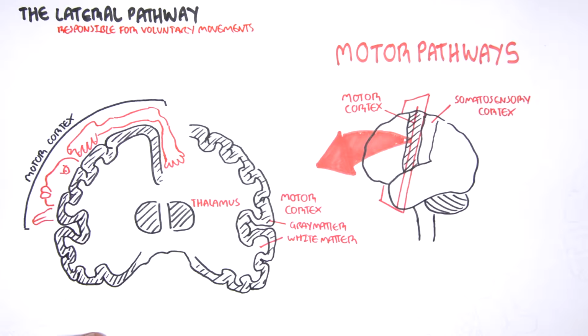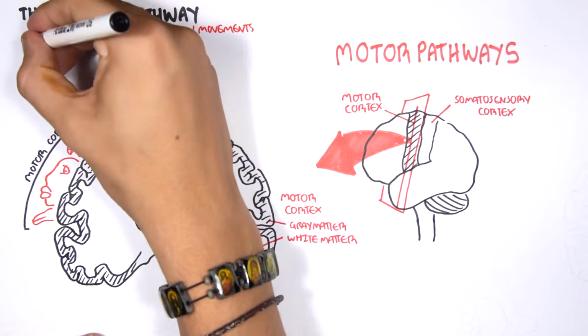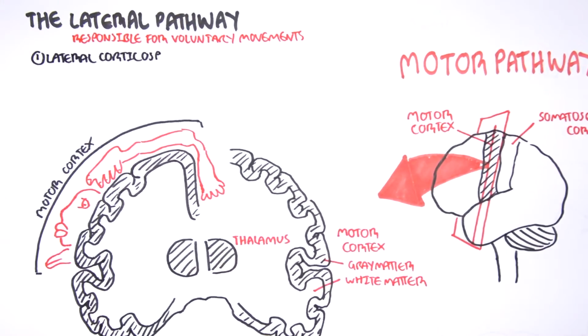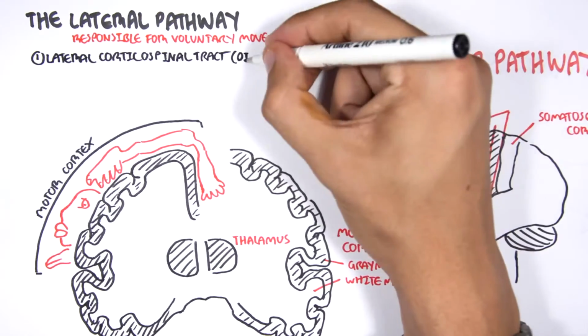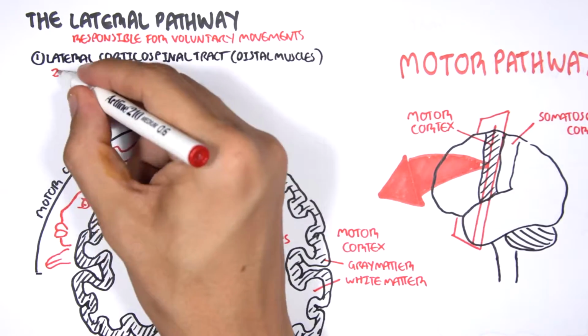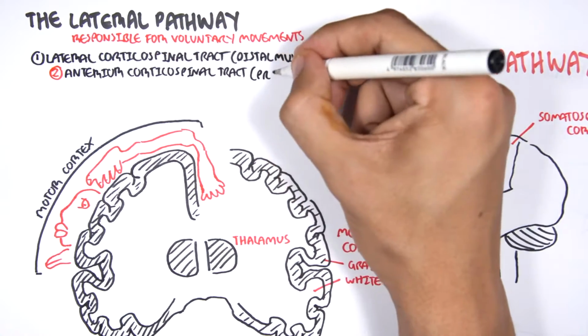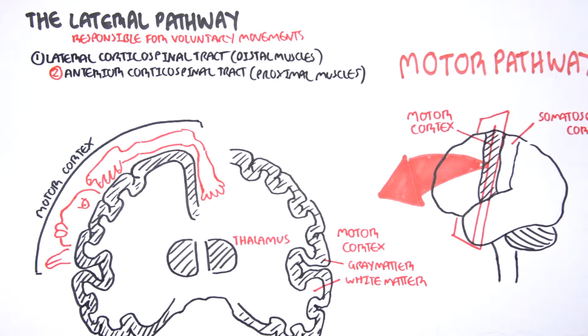And there are three main tracts involved in the lateral pathway. And these are the lateral corticospinal tract, which control distal muscles such as our forearm. There is also the anterior corticospinal tract, which control the proximal muscles, so it would be the arm, for example.